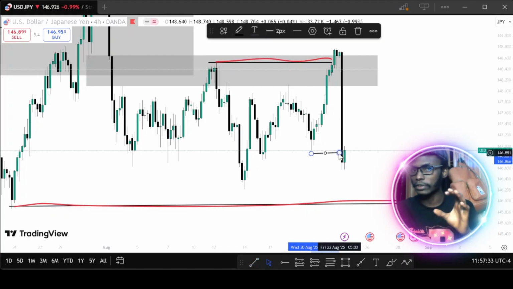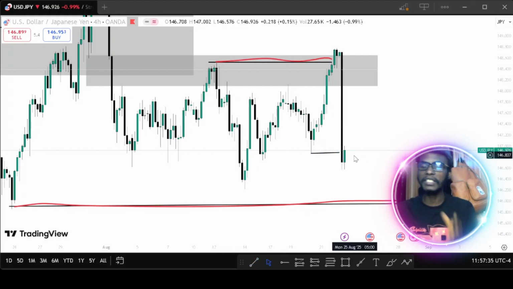You have to pay attention. If there is a fair value gap on a higher time frame than your usual POI, your POI might fail.